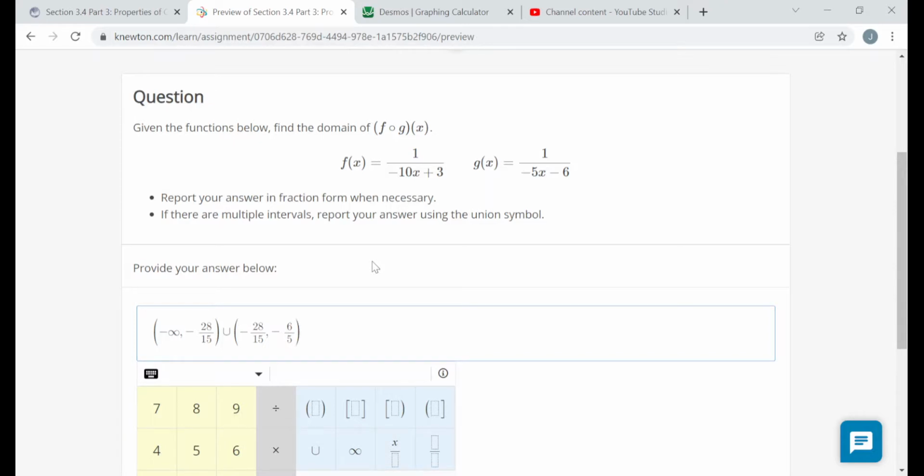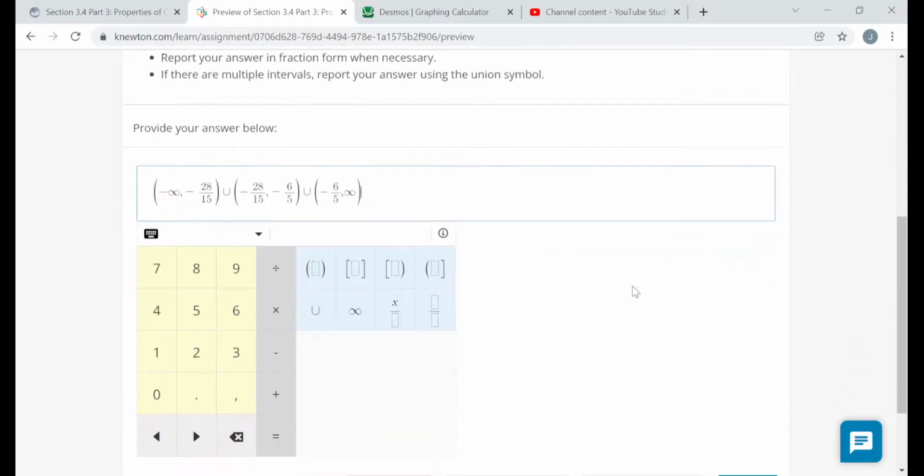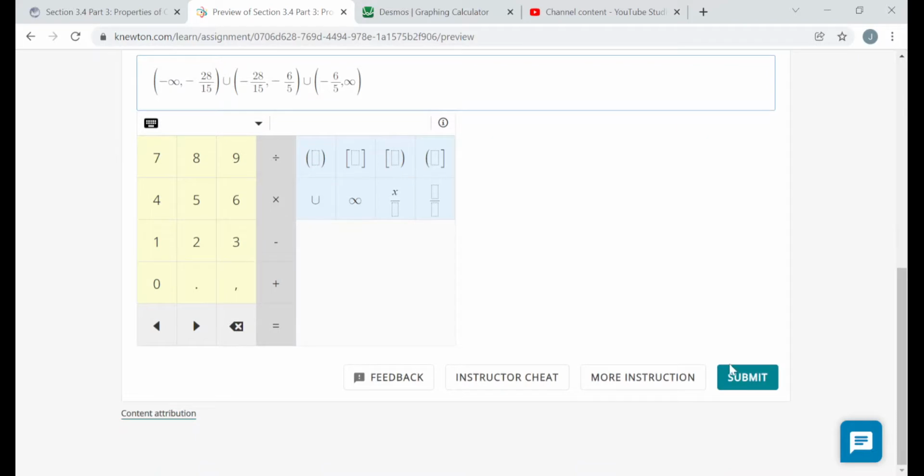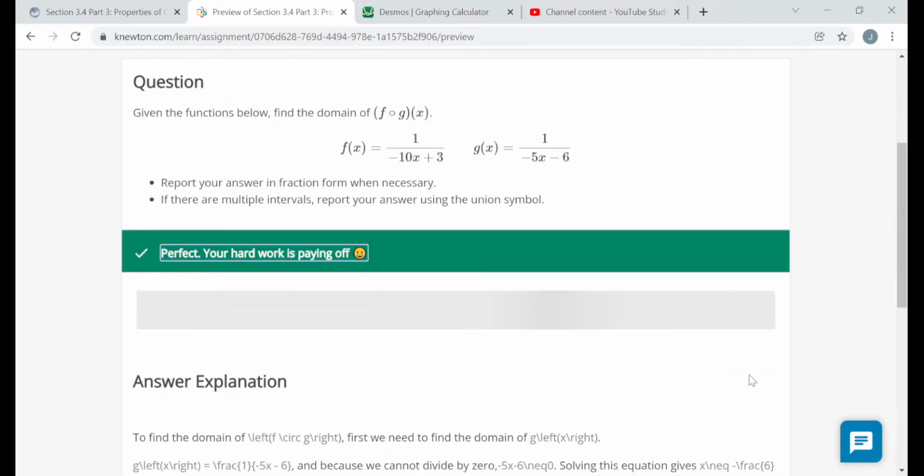Negative 6/5 is not included in the domain. Union again, and then from negative 6/5 up to infinity, right? Everything beyond negative 6/5 is allowed to be plugged in. There's the interval notation. All real numbers except negative 28/15 and negative 6/5. Great.